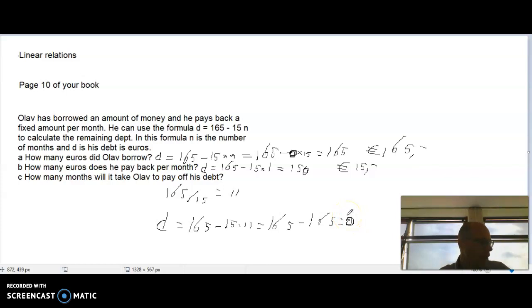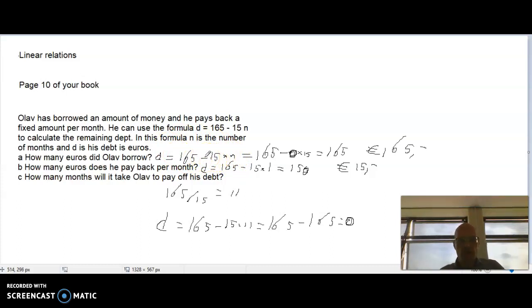Okay, and in this paragraph we're going to talk about this type of formula. The formulas have a number and then a variable, and that is called a linear formula.